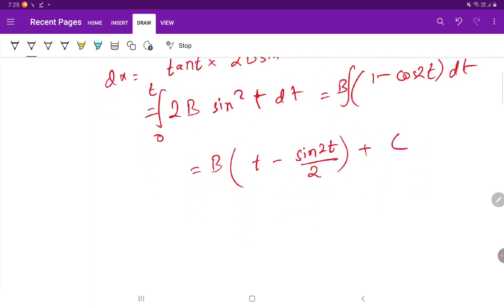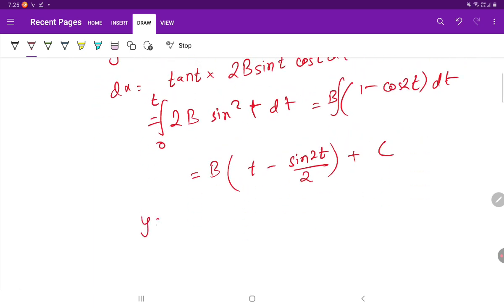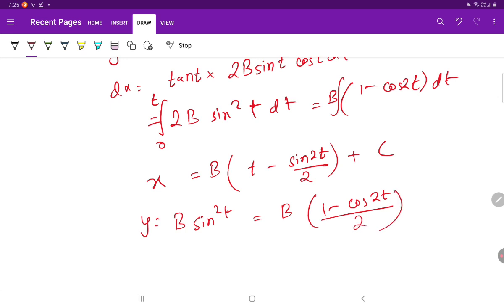Similarly, we said already that y is equal to b sine square t, and this is the formula for x, and y is equal to b sine square t, which corresponds to b into (1 minus cos 2t) by 2. Now when t is equal to 0, x equals 0, so basically c will come out to be 0.